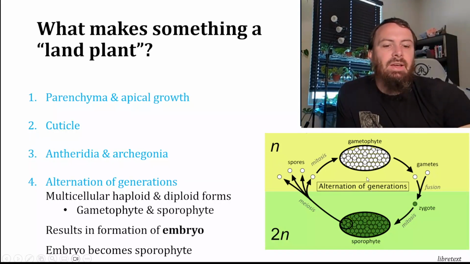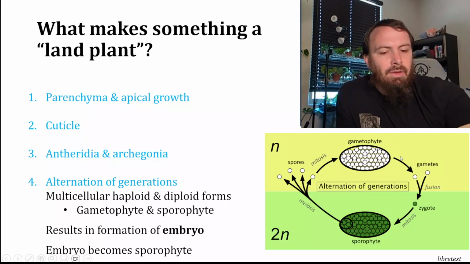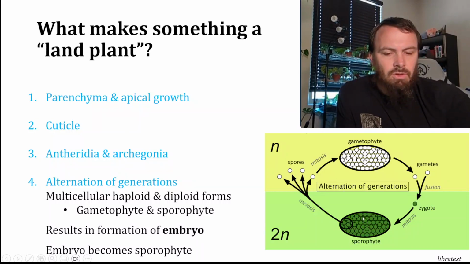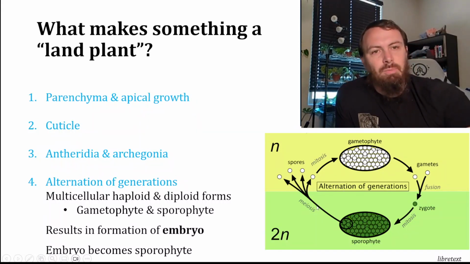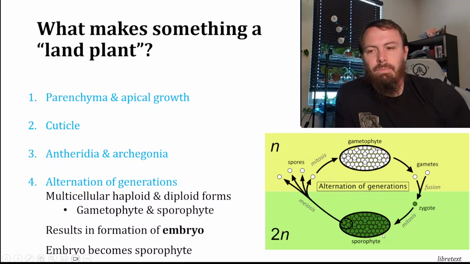That gametophyte is going to produce the gametes: if it's male, sperm; if it's female, egg. They'll send those out into the environment, however their ecology decides to manifest that. And when they fuse, they go through fertilization and create a diploid zygote, which then creates a sporophyte. So the sporophyte creates spores, the gametophyte creates gametes, and the embryo is from the fusion of the gametes, which will then grow into the sporophyte.